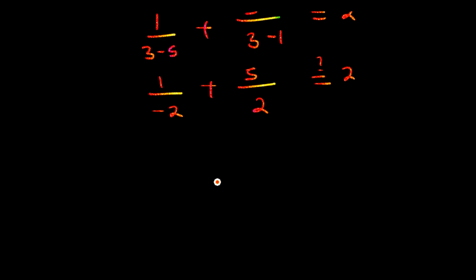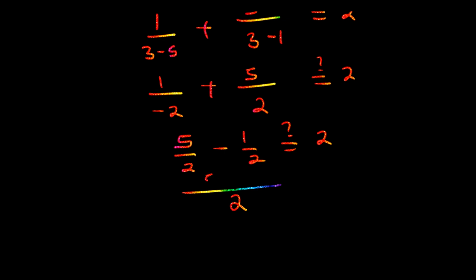Or we can just rearrange this so that we have 5 over 2 plus a negative half, that is like minus half. And then we see if that will be 2. So this is like 2, which is the LCM. Then we have 5 minus 1, and we check if that will give us 2.